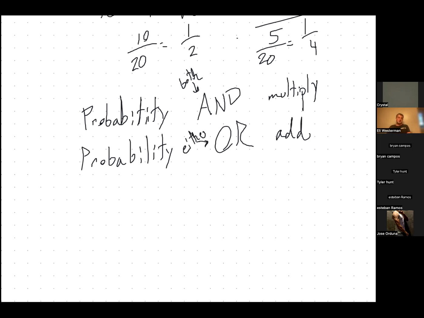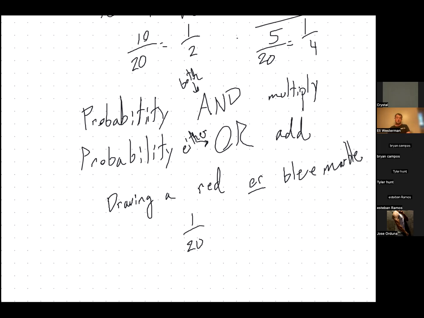All right. So let's talk about the probability of drawing a red or blue marble. Well, what is the chance of drawing a red marble? It's 1/20. What is the chance of drawing a blue marble?